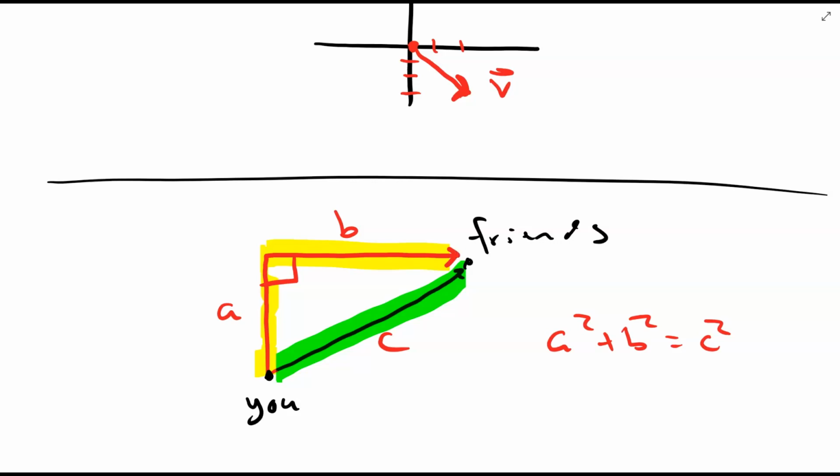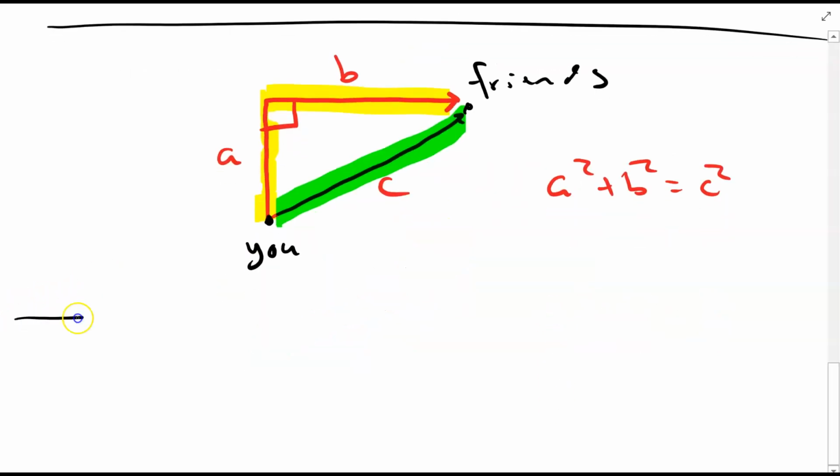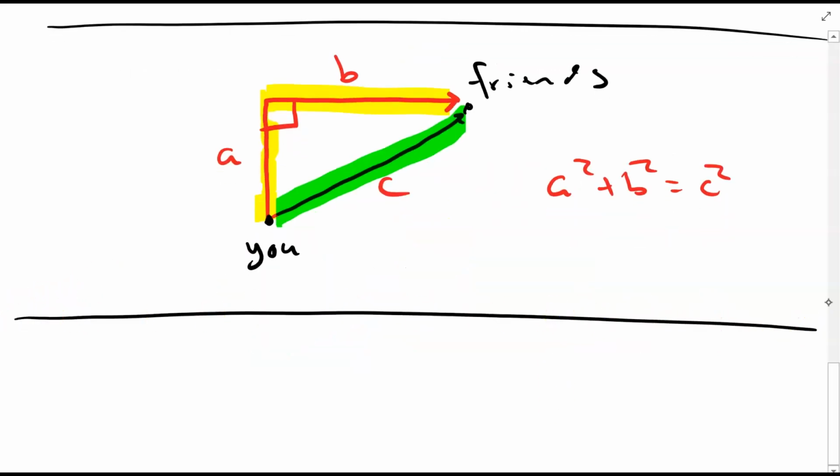But we'll do some more of that with numeric examples shortly. Okay? But there's still some more vocab that I'd like to do.